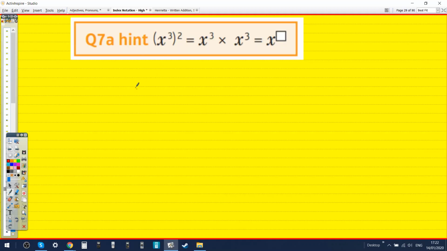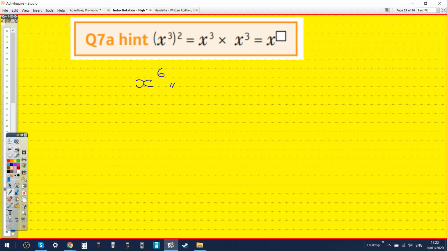So how about this one? So x equals x. Is it x? Is it x^6?